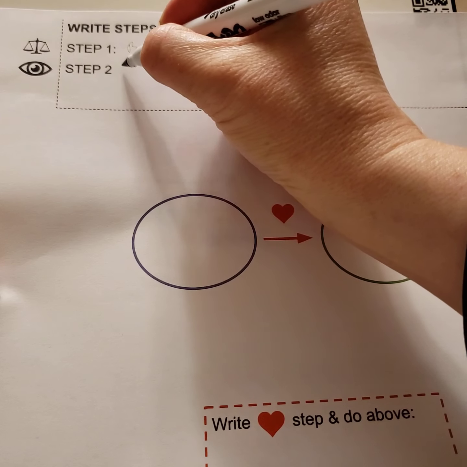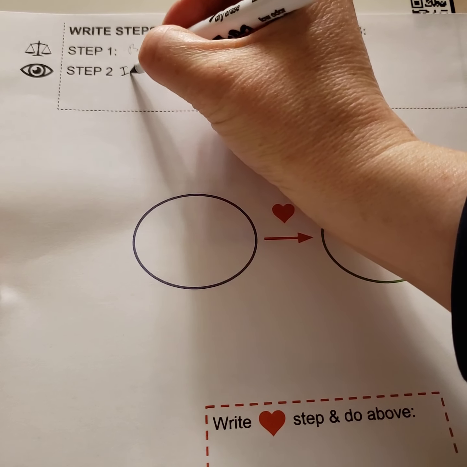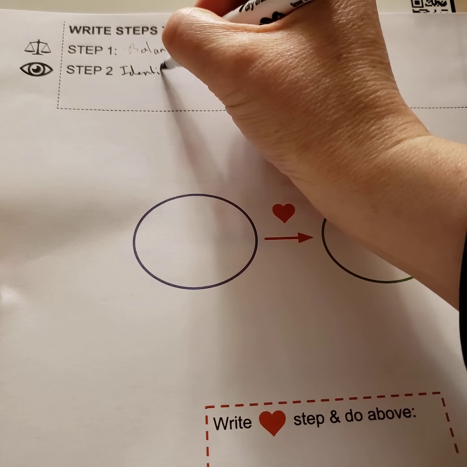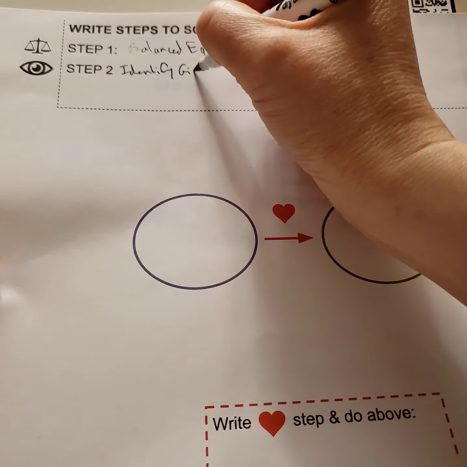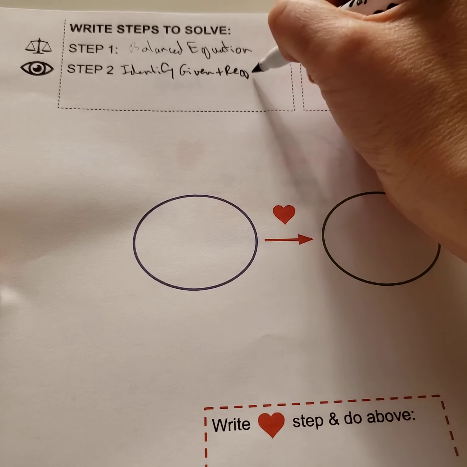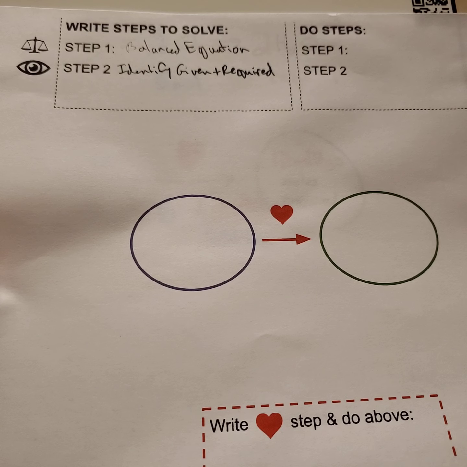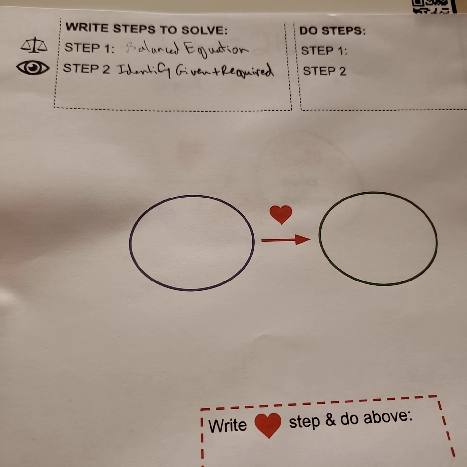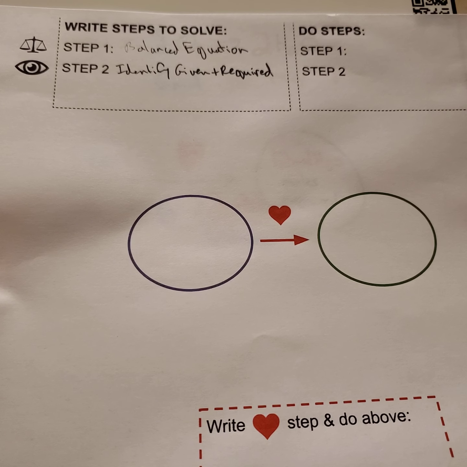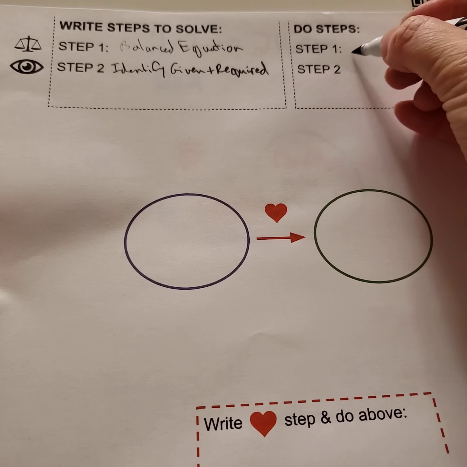So step 2 is to identify, that's why it's a little I, you need to identify your given and your required. So what have they given you? Have they given you 6 moles of oxygen, for example? And what are you required to find out? In our recent example, you were required to find out how much water was produced. So write those in here.